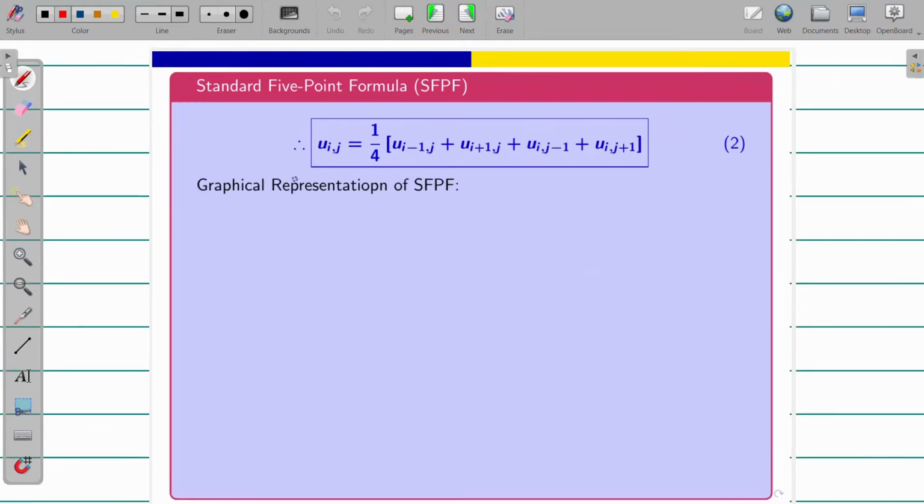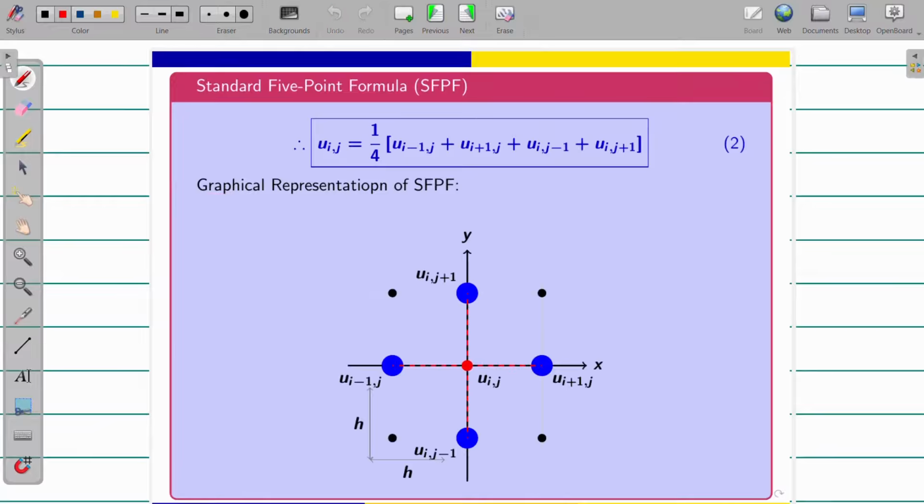Look at this graphical representation of the standard 5-point formula. I have to find the value of u_ij. Then what I have to do is take the points u_i-1,j and u_i+1,j, u_i,j+1 and u_i,j-1. In the x direction it will be i, and in the y direction it will be j.